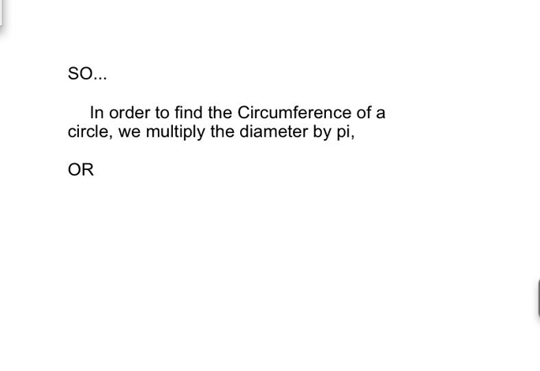So, in order to find the circumference of a circle, we multiply the diameter by pi, or the circumference is equal to pi multiplied by the diameter. But again, because the diameter is 2 radii, you can also write it as the circumference is equal to pi multiplied by 2 radii.